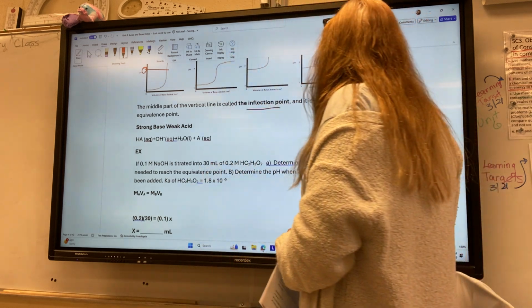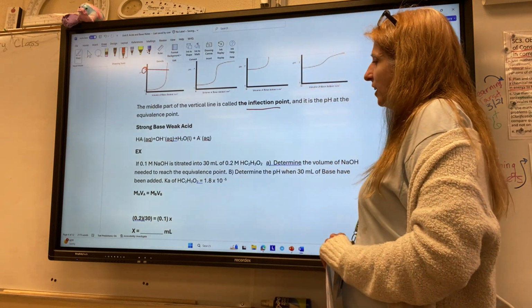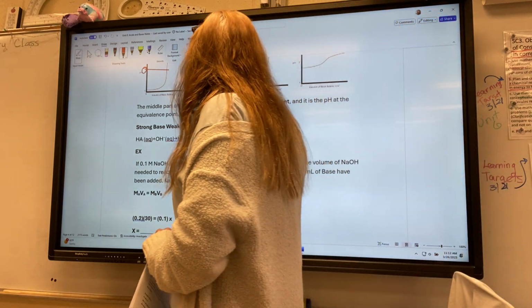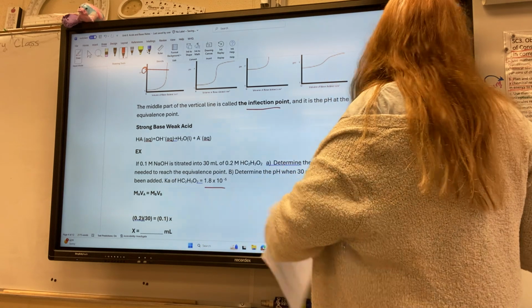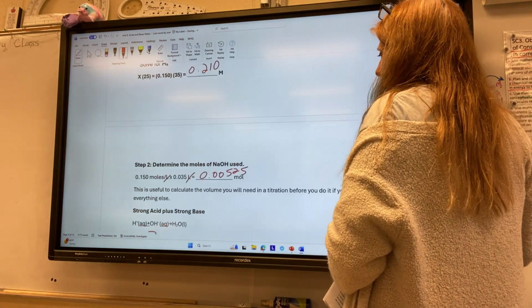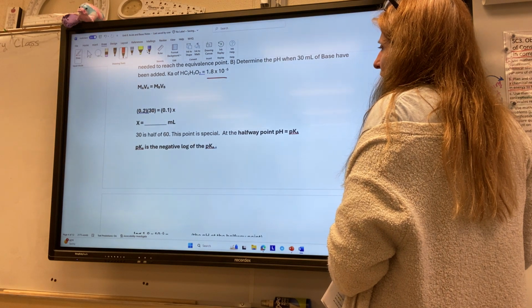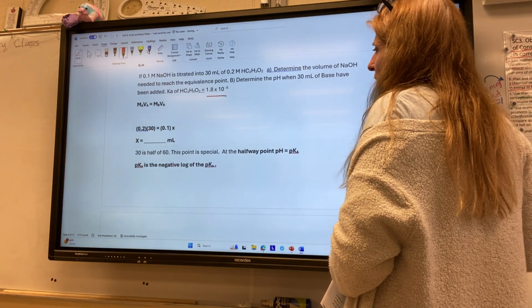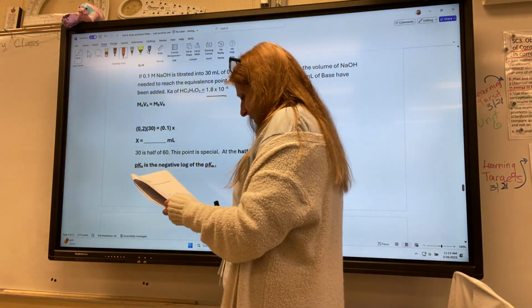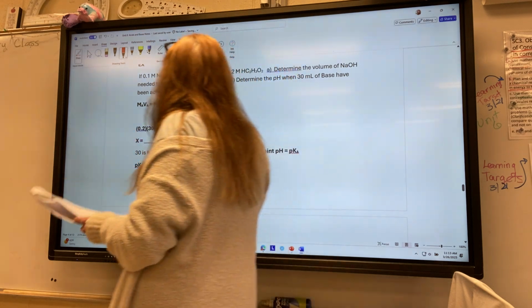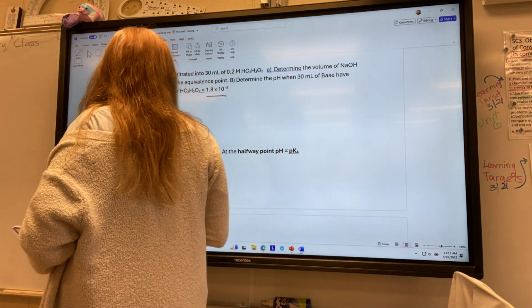Determine the pH when 30 milliliters of base have been added. And this is your Ka. All right, so we have our titration equation. We fill in our knowns and unknowns, 0.2, 30, 0.1, and X. And we get that X is 60 milliliters.